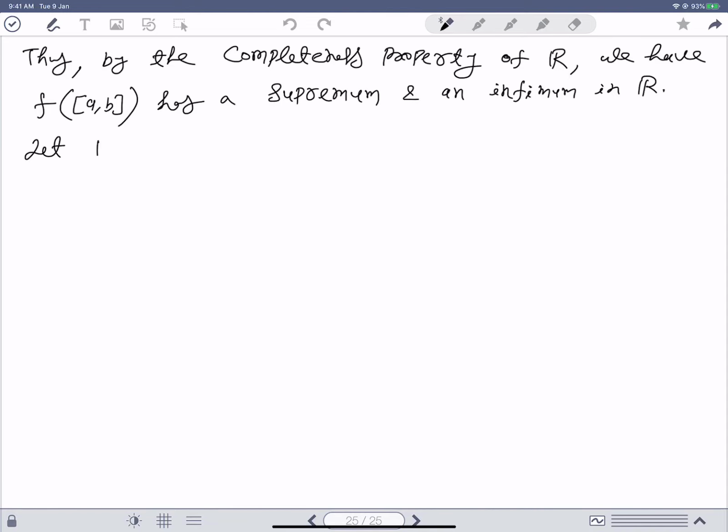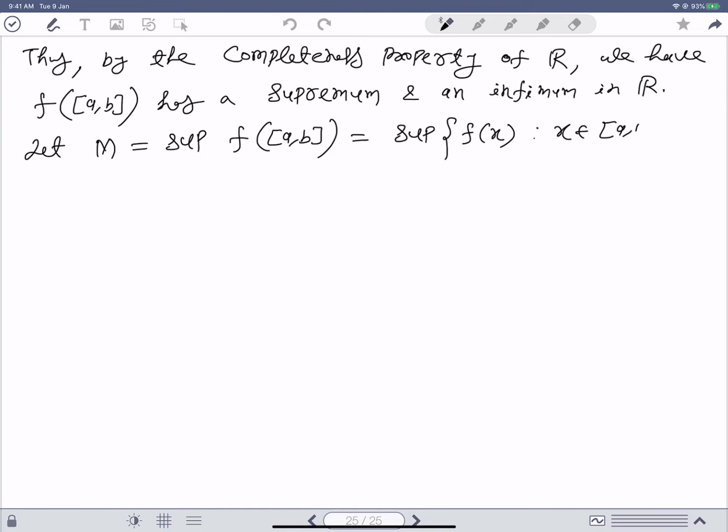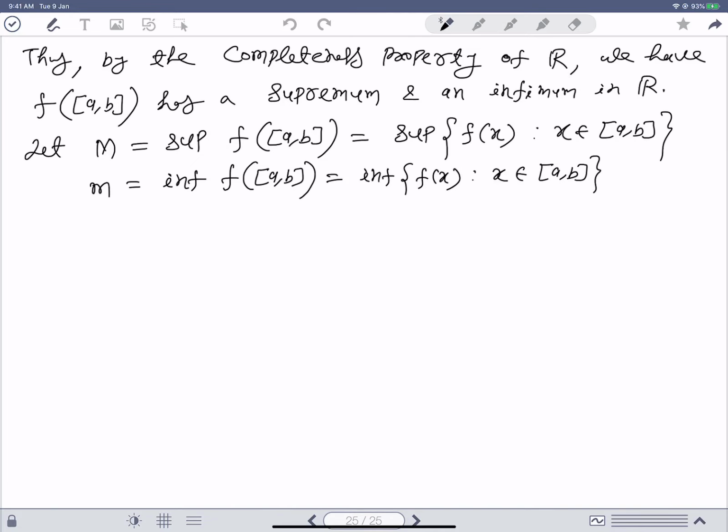Now let capital M equal the supremum of this set, which is the same as the supremum of the set f(x) where x belongs to the closed interval [a,b], and let small m equal the infimum of this set, that is the image of the interval [a,b], right?